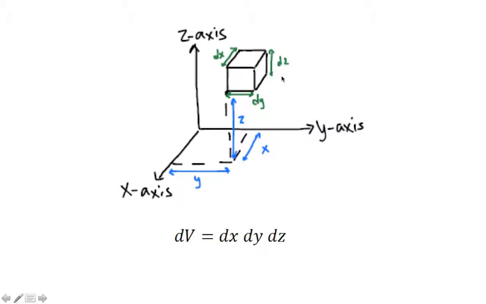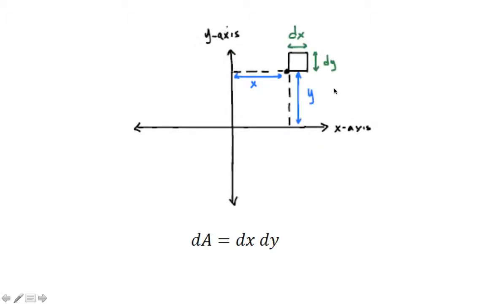To see what I mean, let's first reduce the dimensions by 1 and look at both Cartesian and polar coordinates. In two-dimensional Cartesian coordinates, the area element is just going to be dx times dy. That is, an infinitesimal displacement dx times an infinitesimal displacement dy will make a square.